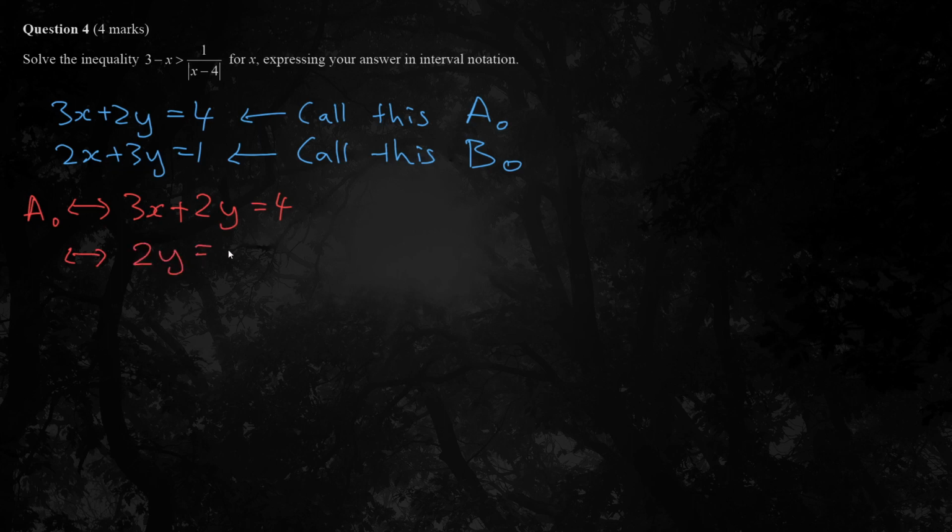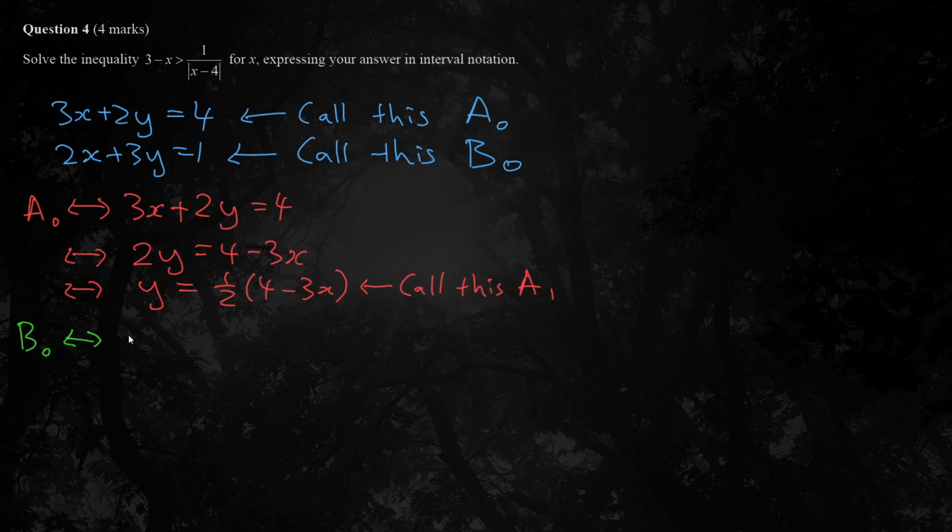So 2y equals 4 minus 3x, which is equivalent to y equals a half of 4 minus 3x. And here's the secret: I call this A1.